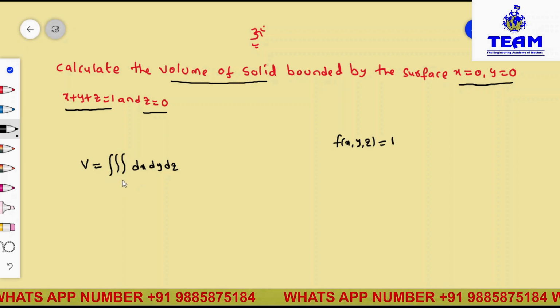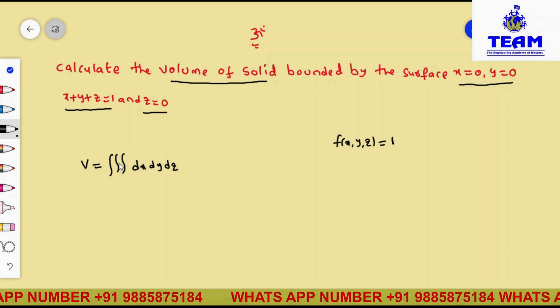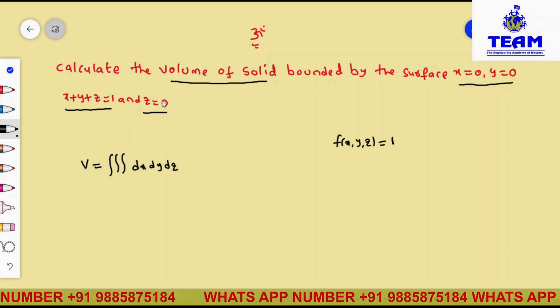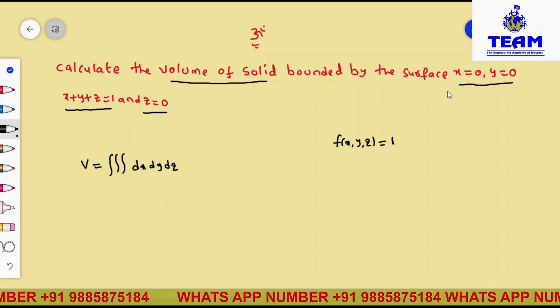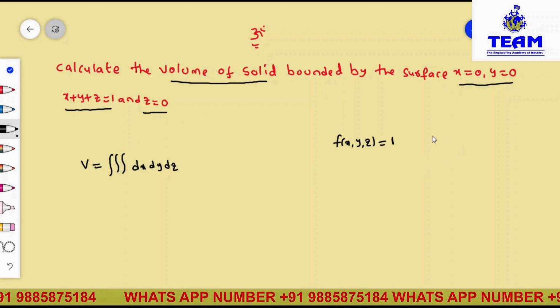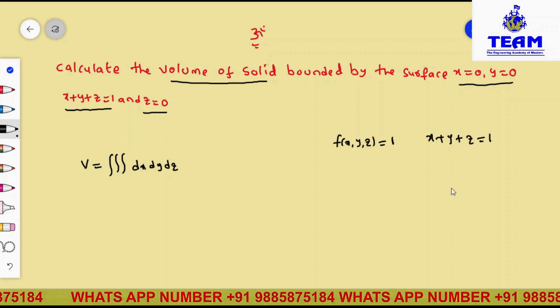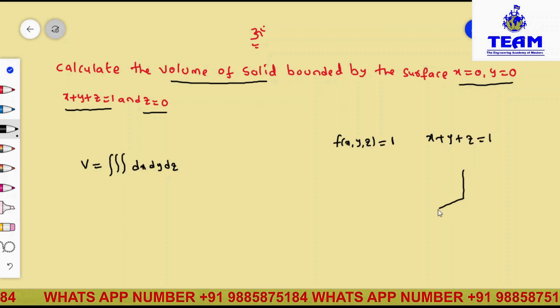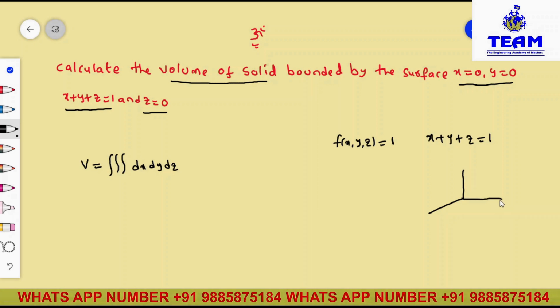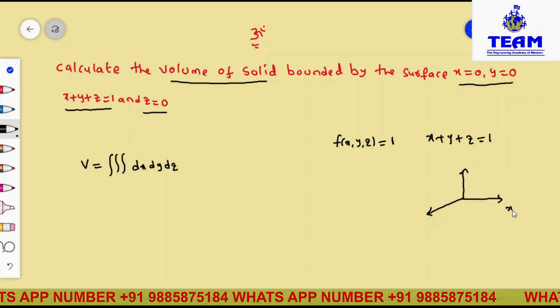So friends, now we need to find the limits for x, y, and z for the given surface. They have given x plus y plus z is equal to 1. Consider the x axis, y axis, z axis.